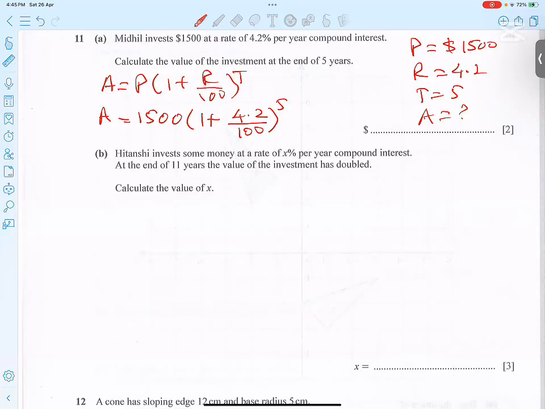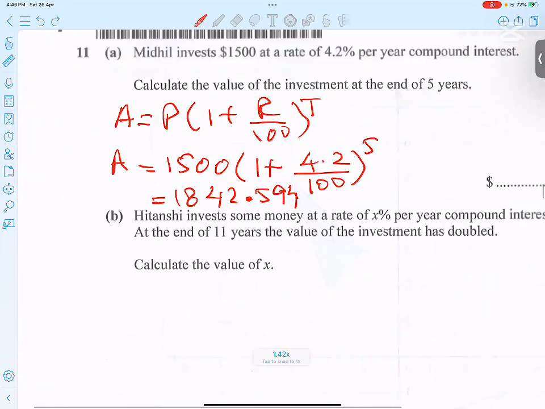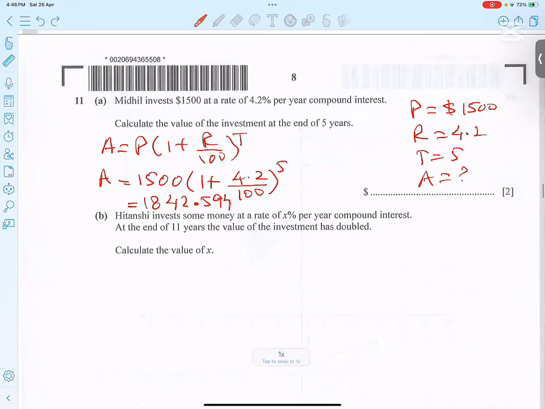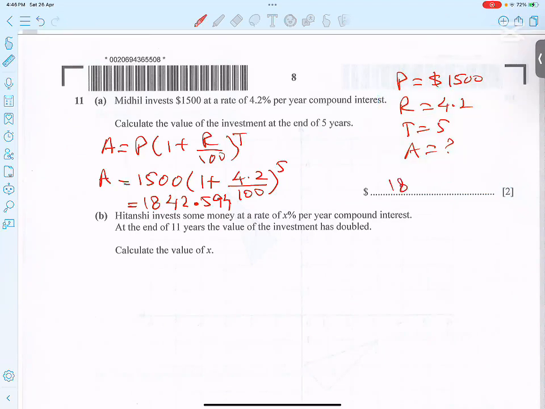So the answer turned out to be 1842.594. Whenever currency comes, we need the answer to 2 decimal places. Make sure of this. So this 4 we don't need; we never add. The answer is finally $1842.59.